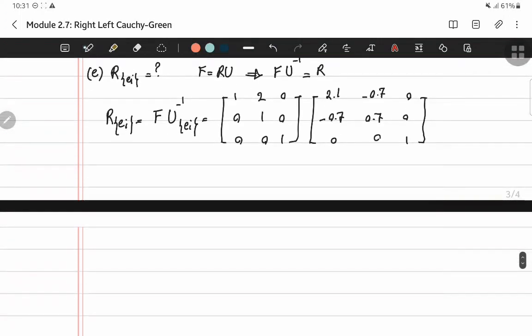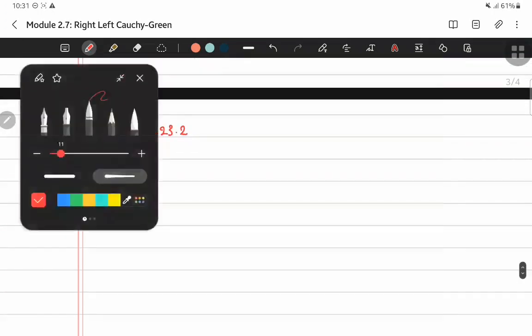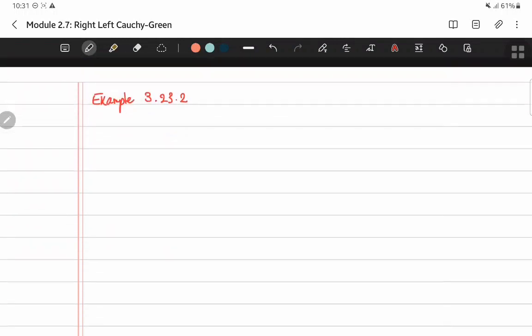All right, next we have example 3.23.2. And here you have this displacement field in here.